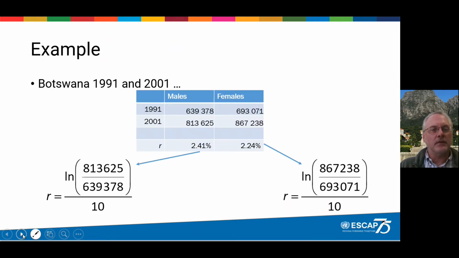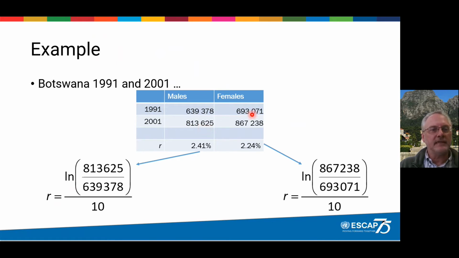We can take, for example, data from Botswana censuses in 1991 and 2001. And we can take the population of males, 639,378 males in 1991, which had grown to a population of 813,625 males at the time of the 2001 census.